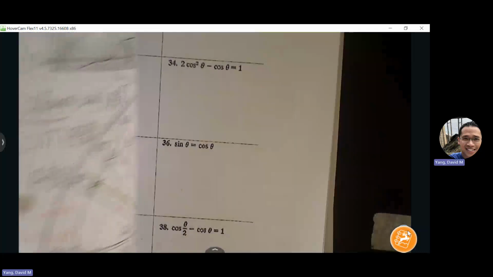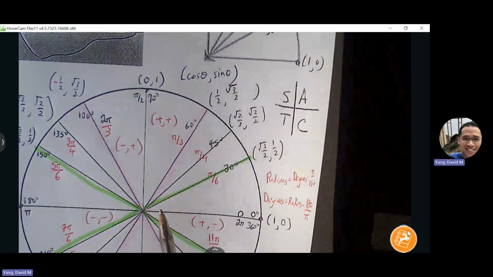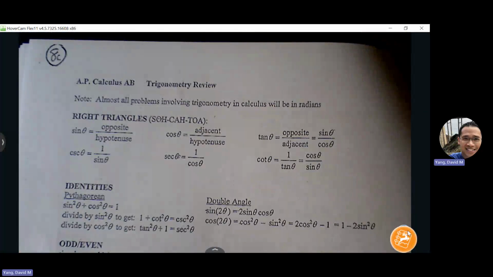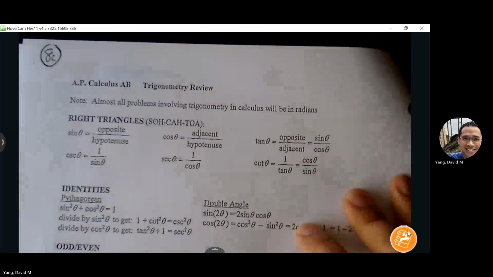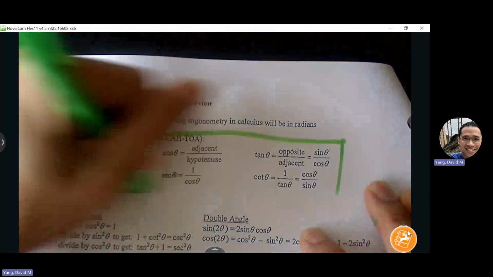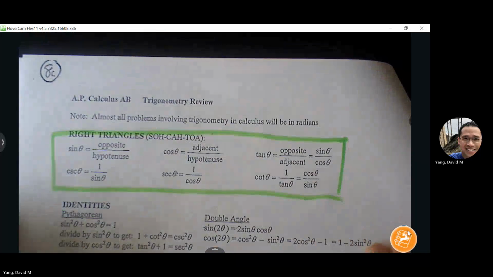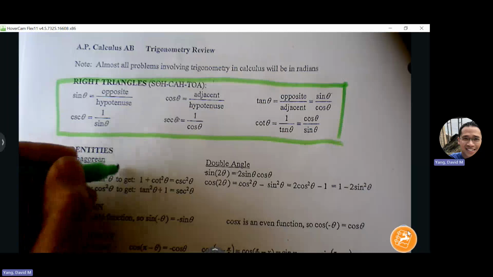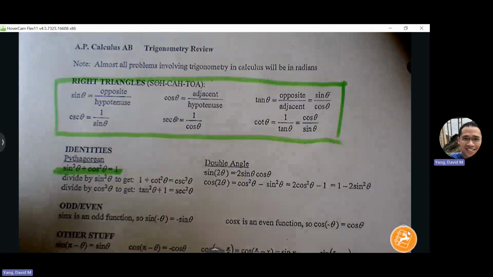And we're going to work on page 7. Try to do as much as we can, and whatever we don't finish, you will do for homework. But let me point out what's important on 8C. Okay, SOHCAHTOA, we should know these already. Identities: these are the most important ones here. Sine squared plus cosine squared equals 1.